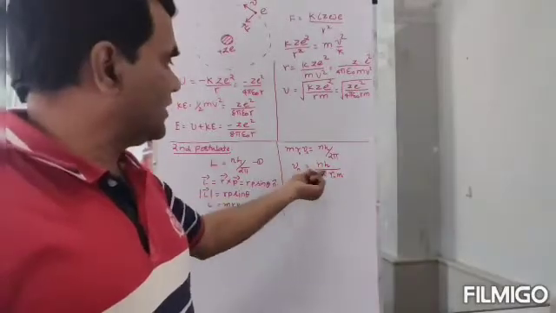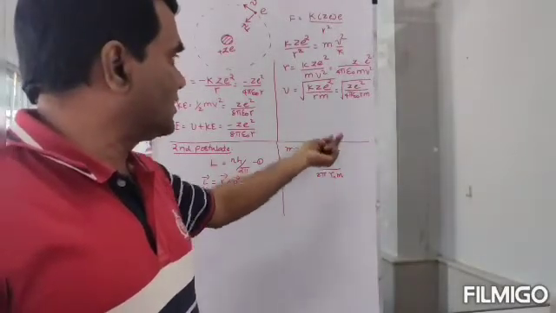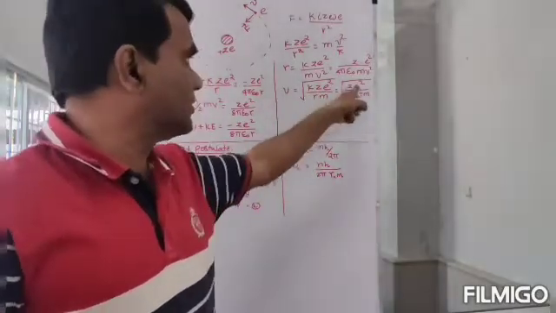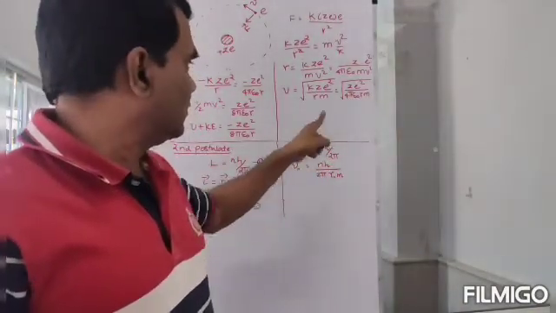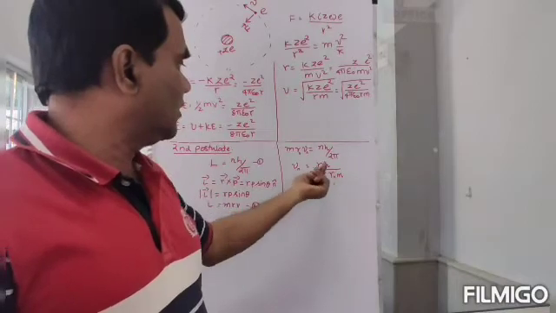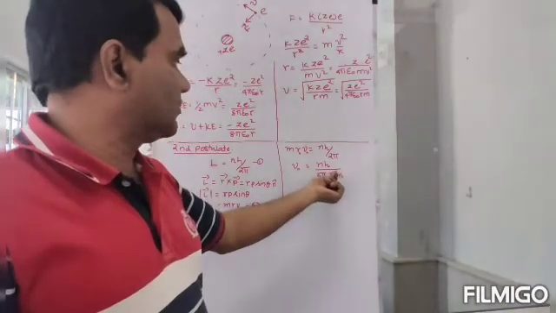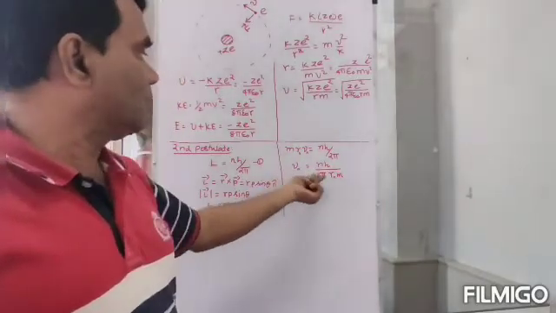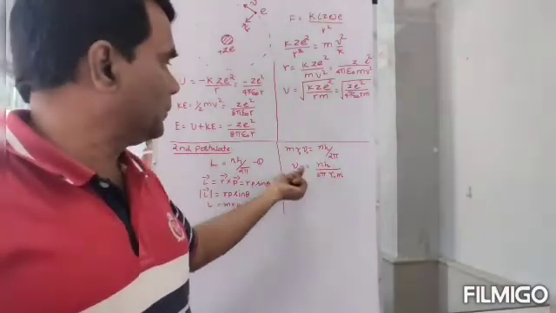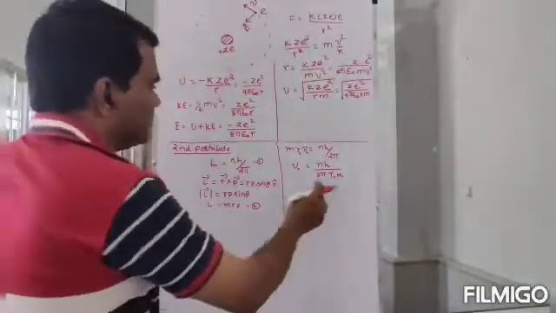Now Vn is this. I can take this value and substitute that here, because V is equal to Z e squared by 4 pi epsilon naught into Rn m. Rn m can be written as nh by 2 pi into Vn.